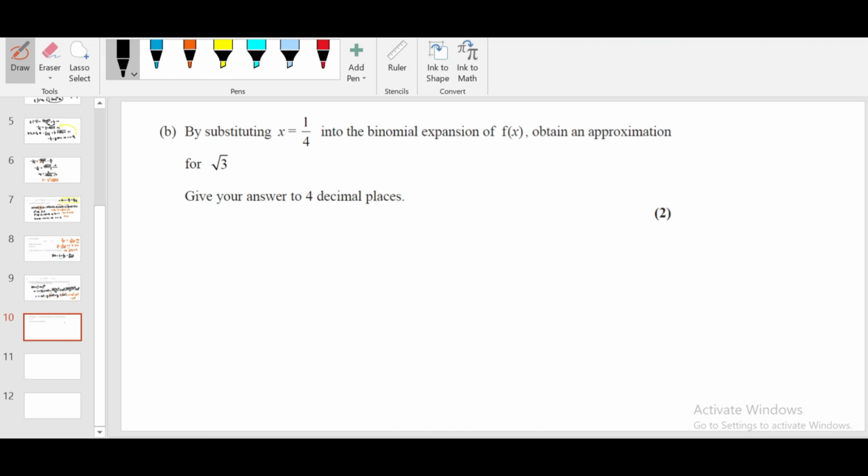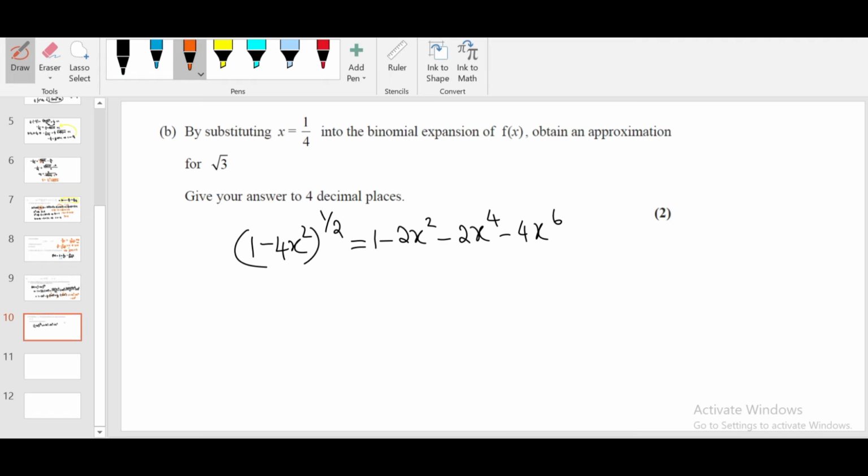In part A, we got this actually. 1 minus 4x square power half is equal to 1 minus 2x square minus 2x power 4 minus 4x power 6. Now by substituting x is equal to 1 over 4 into the binomial expansion, find an approximation for root 3.